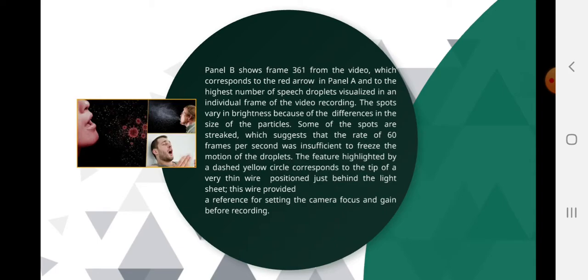Some of the spots are streaks because the frame rate of 60 frames per second was insufficient to defeat the motion of the droplets. The feature highlighted by the yellow circle corresponds to the tip of the very thin white plastic jet, used as a reference for setting the camera focus before recording.